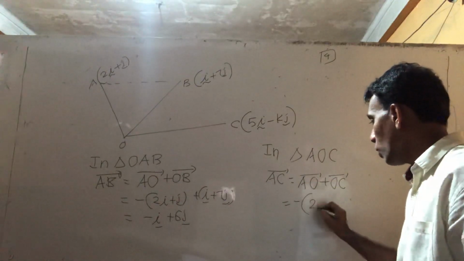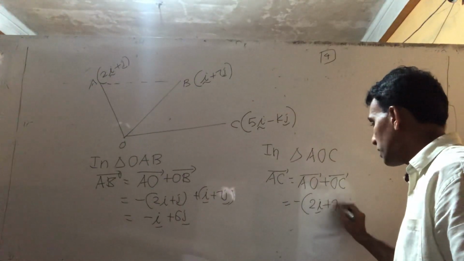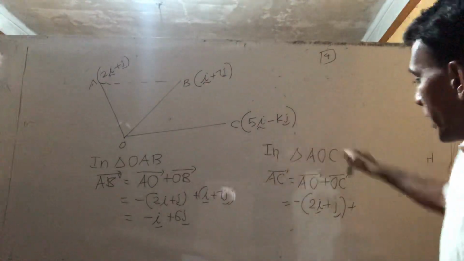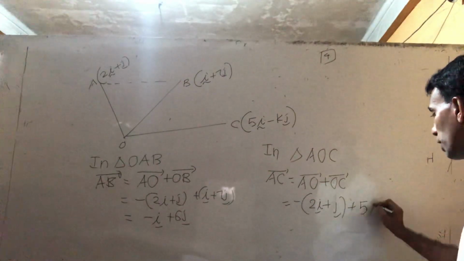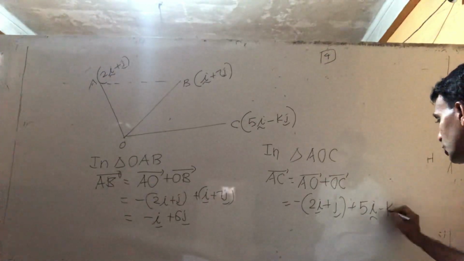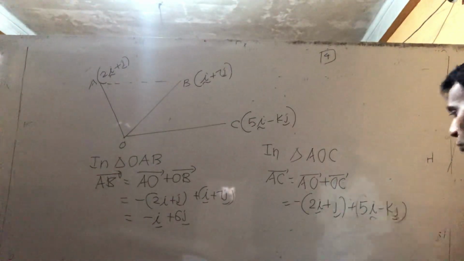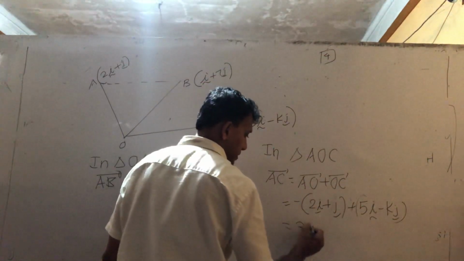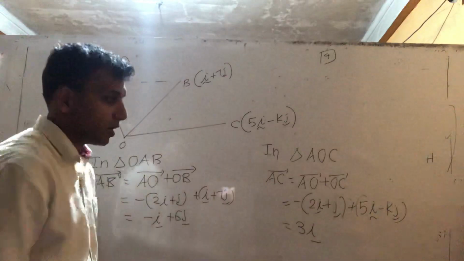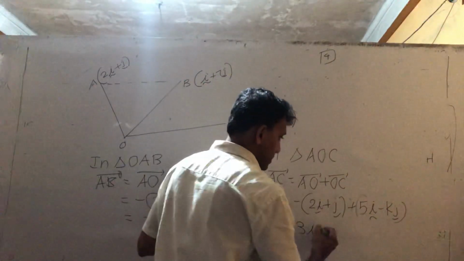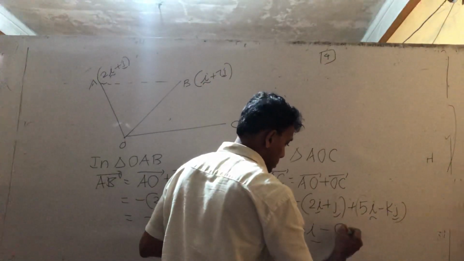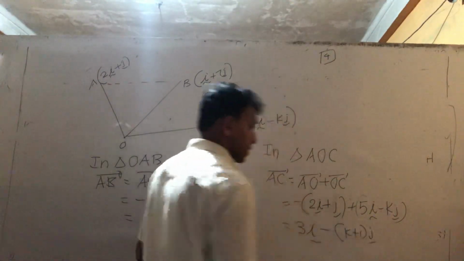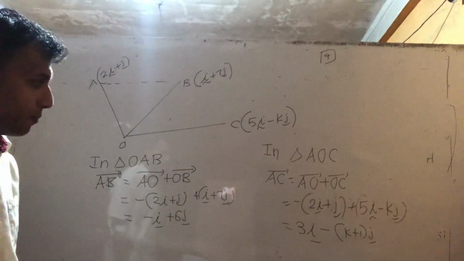Minus (2i plus j). What is OC vector? 5i minus kj. And now the k is involved. So we simplify, that is 3 vector i. And take the minus out, it becomes minus (k plus 1) into j, right? Minus kj minus j, right?